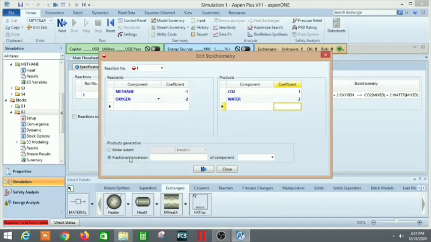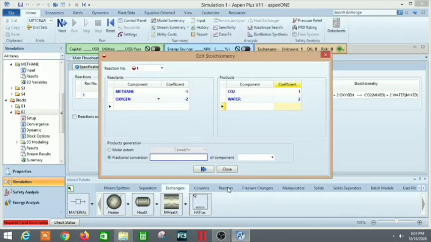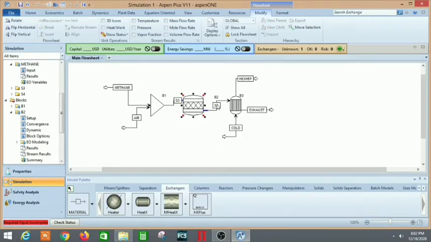Make sure you enter this correctly, and the fractional conversion is 1. That means 100% conversion. That's the benefit of using RStoic, because we know the stoichiometry and the percentage conversion of methane as per the question.